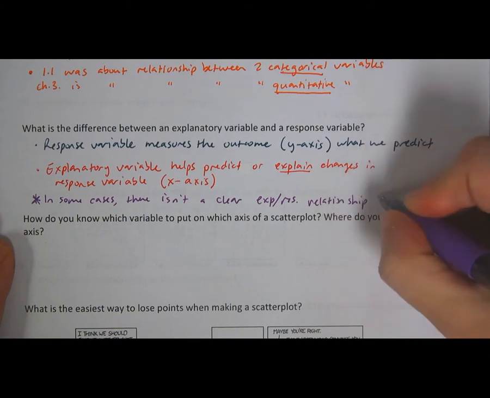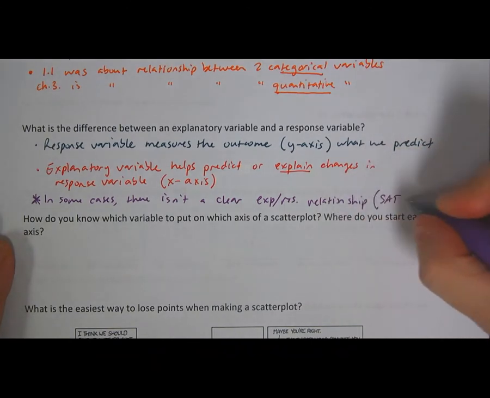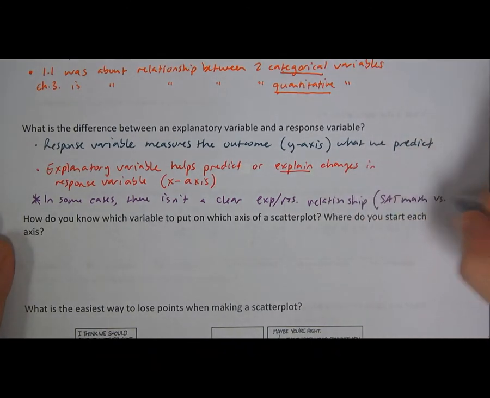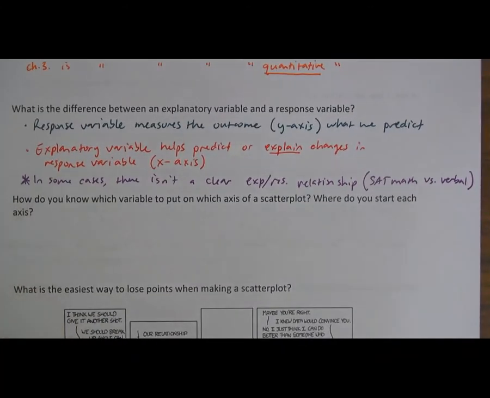An example of that would be like SAT math scores versus verbal scores. One of those doesn't help predict the other one. One of them doesn't help explain the other one. But you might plot those against each other on a scatter plot. So every now and then, if you're trying to figure it out, there may not be a relationship there that's clear.